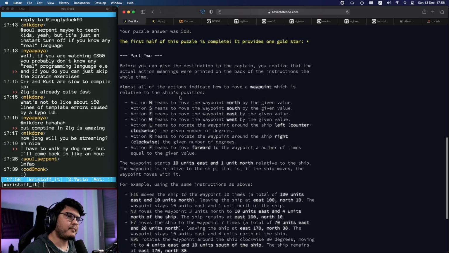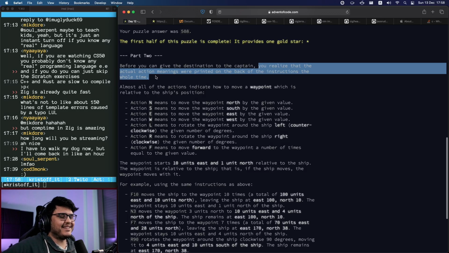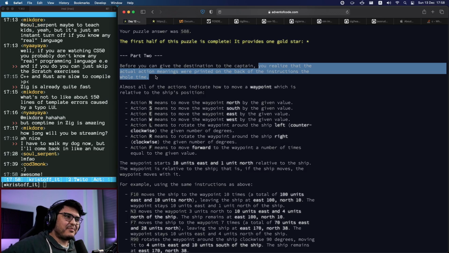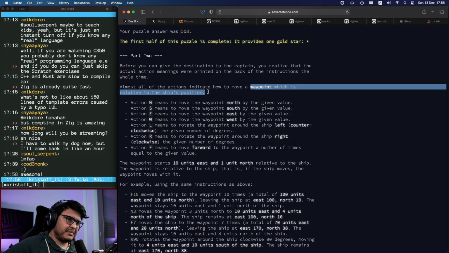Part 2. Before you can give the destination to the captain, you realize that the actual action meanings, again, were printed on the back of the instructions the whole time. Almost all the actions indicate how to move a waypoint, which is relative to the ship's position. Okay, I need to read this from the start again. Almost all the actions indicate how to move a waypoint which is relative to the ship's position.